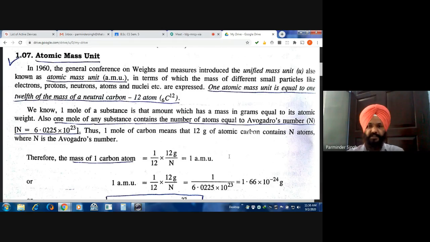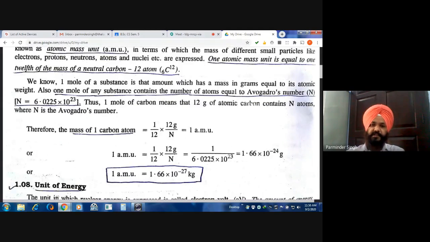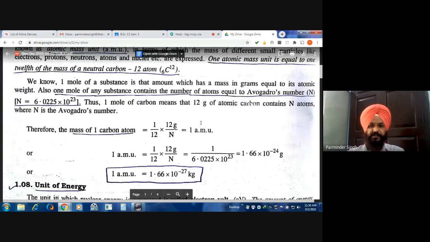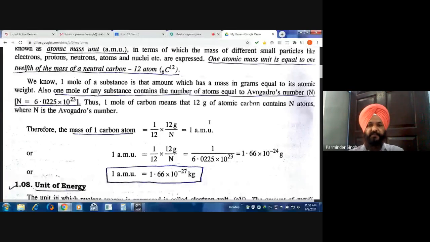From the definition, it is 1/12 of the mass of the neutral carbon atom. So by definition, it is 1/12 × (12 gram of carbon divided by N). N means the total number of atoms present in 1 mole.